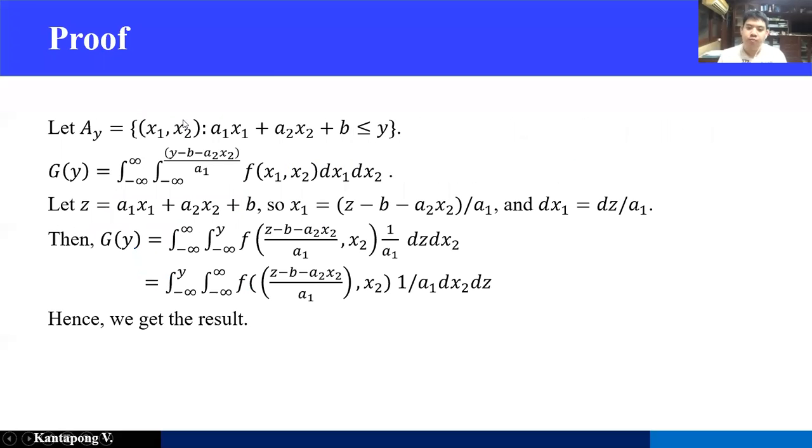So let's see the proof. Let Y be something like this. So g(y) is that we have to use the concept of flattening out f of X1, X2, with X1 from minus infinity to this one, and X2 for the rest of it. So let's see with this one.